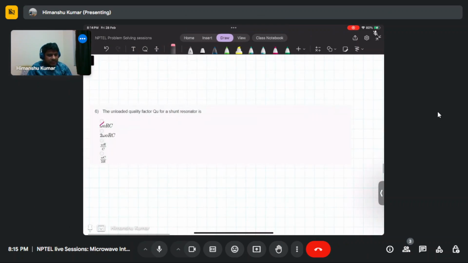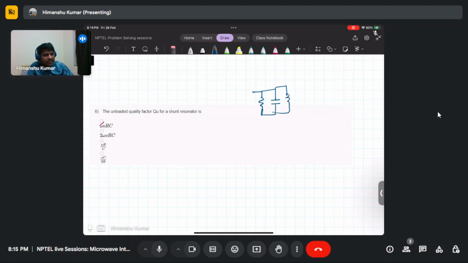The unloaded quality factor for a shunt resonator is asked. For the loaded quality factor, let's say you have a resonator, which you can equivalently write like this.